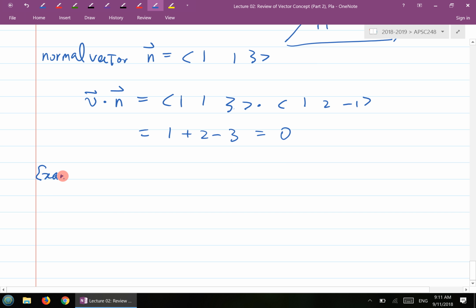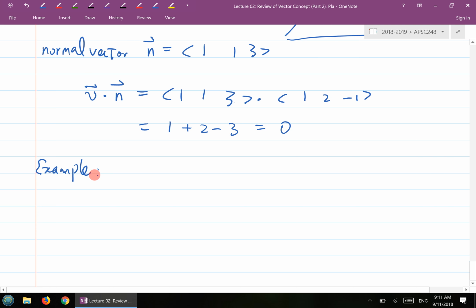So we still have a little bit of time here, so let's take a look at an example. This one is slightly more difficult. Any questions so far? So good? Okay. All right, so here's a plane given, and a point also given.